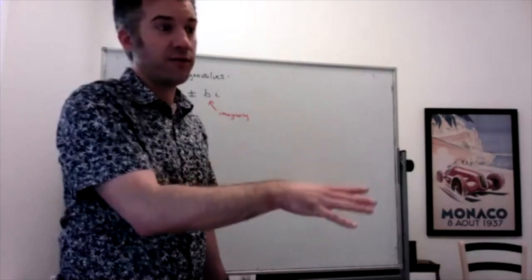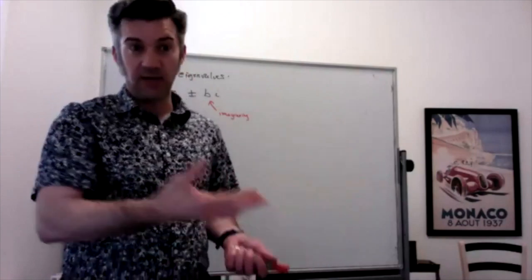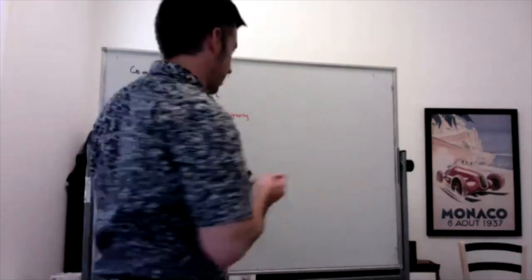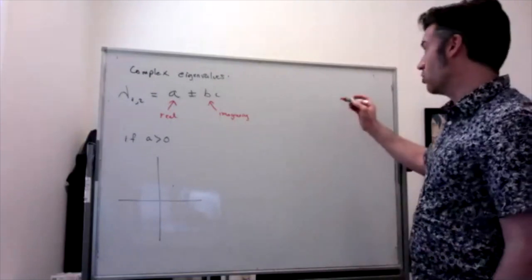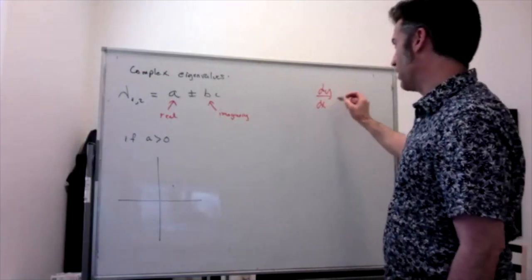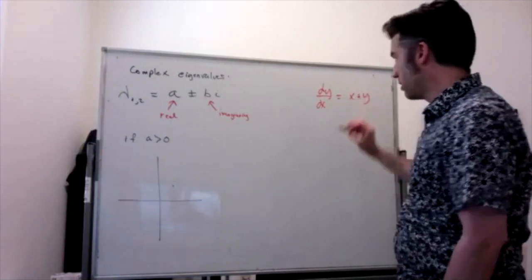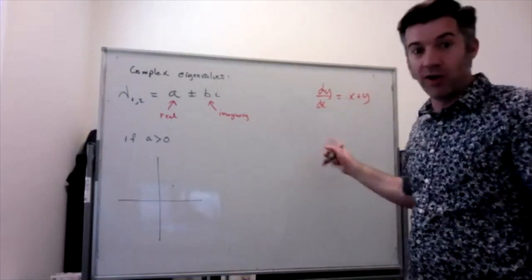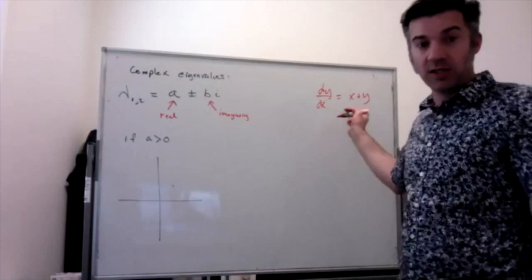Whereas the direction field, if you think back to 17b, we used to plot something like dy/dx equals x plus y, where you would pick a point, 1, 1, and then see what the direction was.